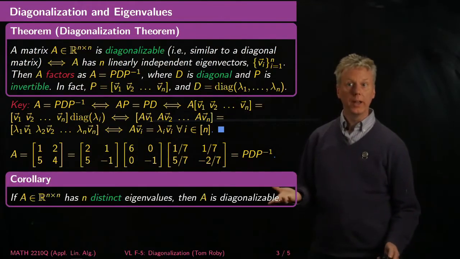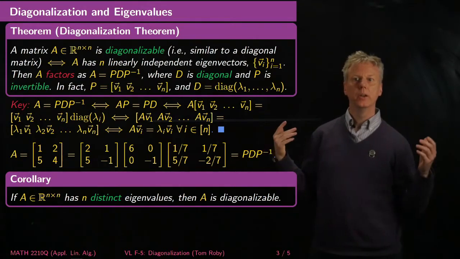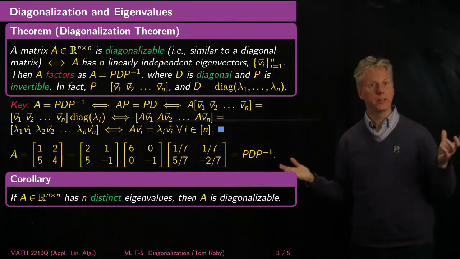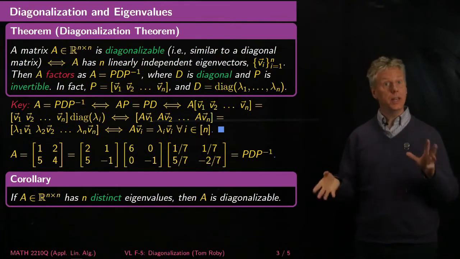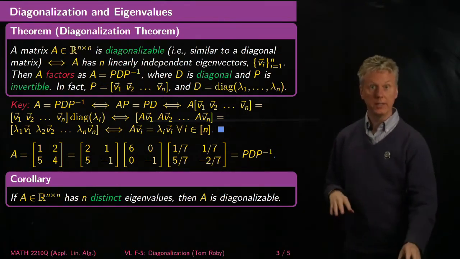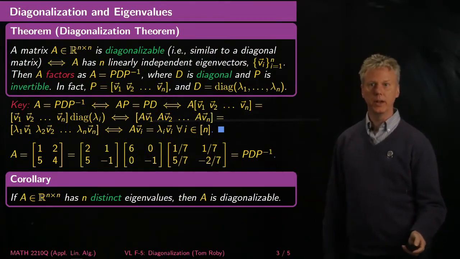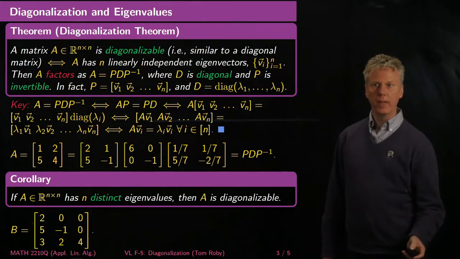And a corollary of this, and something that we did earlier, is that if you have a matrix that has all eigenvalues distinct, so it has n distinct eigenvalues, then it has to be diagonalizable. There might be some work done in diagonalizing it, but you know it has to be diagonalizable. So this is one of those conditions that we'd like to know. And what's the proof of that?